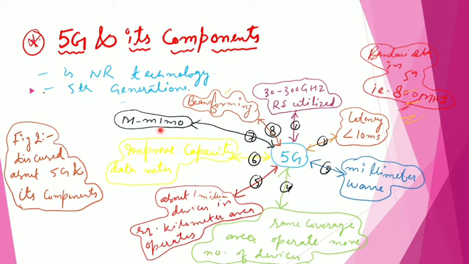Due to this massive MIMO system, in 5G there are 256 to 512 antennas mounted on the base stations that are responsible for serving their users in the coverage region for some millimeter wave distance. Due to that, the data rates, signal strength and capacity of the system improve.